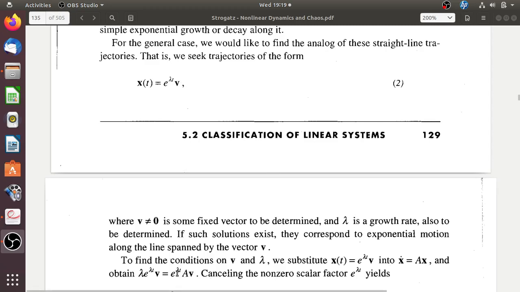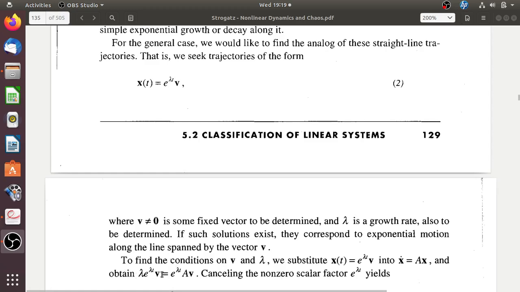Since e to the power of lambda t is a scalar, I could take it to the left side. Now for x dot, I have to take a time derivative of this. And v is the initial condition, which is a constant, it's not going to change with respect to time, so I have to differentiate only this term with respect to time, and if I do that, I will get this in the place of x dot.